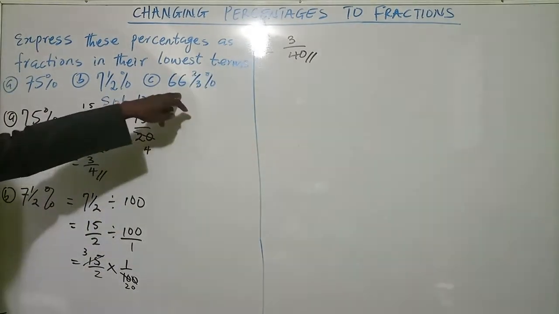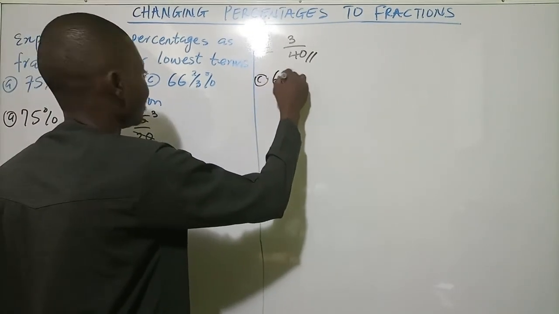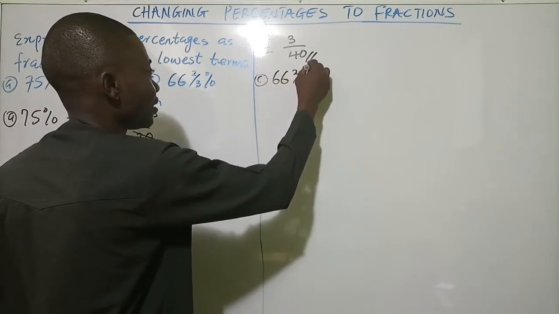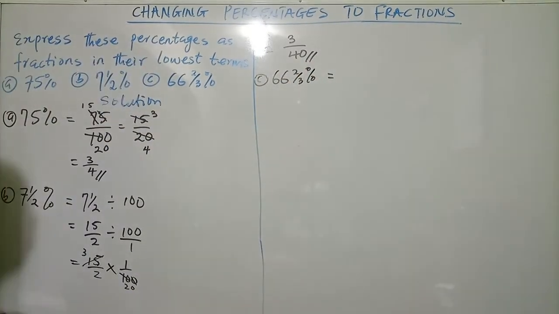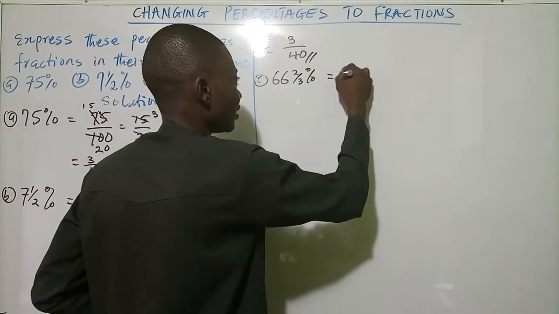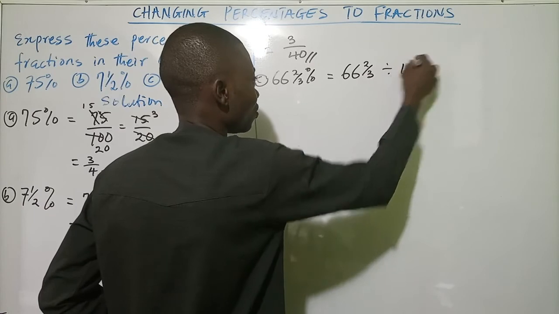Now we have the next one, 66 and 2 over 3%. Again, we'll do what we did here. This is the same as saying 66 and 2 over 3 divided by 100.